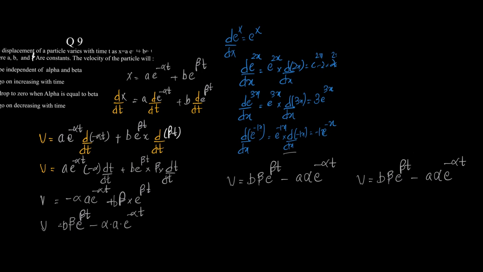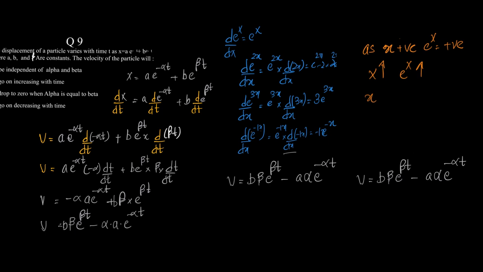See, we know that as x is positive, e raised to x is also positive, right? Or we can say this other way. If x is increasing, for the value of x increasing, e raised to x also increases.